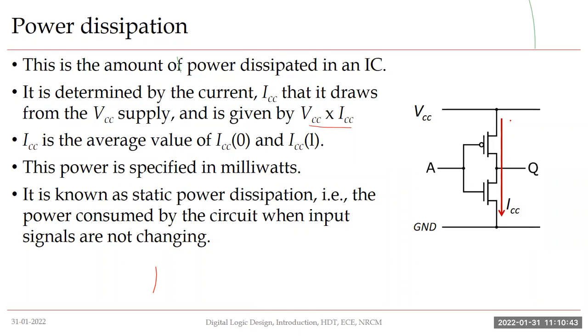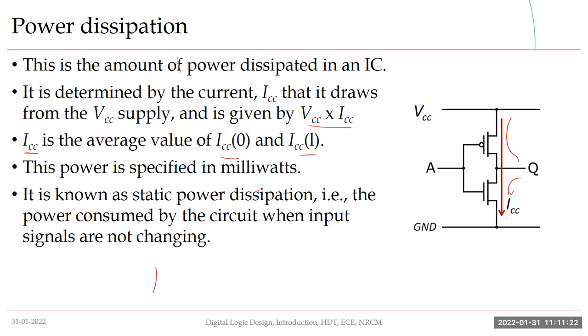In the logic high state, the current would flow from here, and there will be some capacitance due to the PMOS. Different capacitance values will come into the picture, and when the circuit is getting discharged, different capacitor conditions will come into the picture. So current drawn in the case of zero logic and one logic can be slightly different, and we take the average of those values as ICC, the collector current. So we call that VCC into ICC. This ICC is the average of the zero state current flow and the one state current flow.